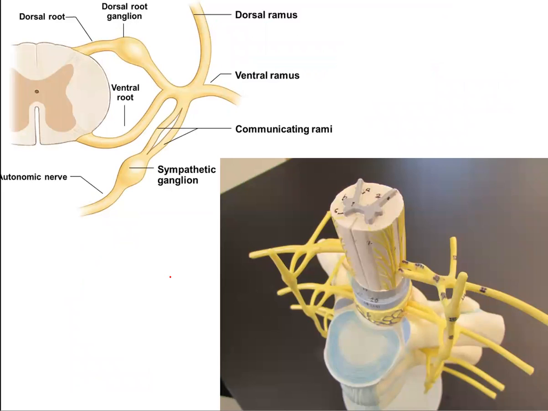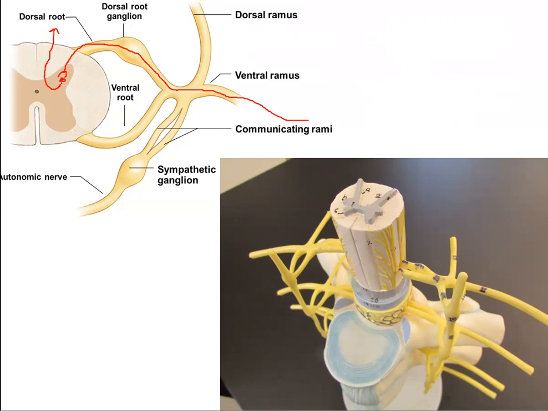Okay. So what we are about to see is how information, sensory information and motor information, goes to and from the spinal cord. What we're going to see is that sensory information enters the spinal cord in one way, from one area. It's going to communicate with interneurons, and some of these interneurons are going to go up here and deliver information to the brain.